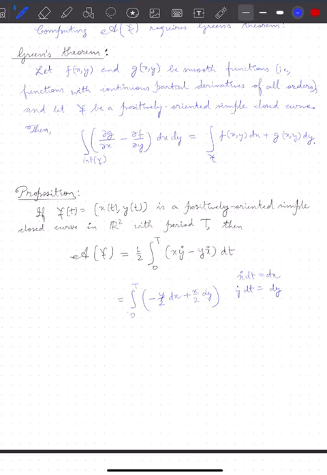So when we look at the expressions, f of xy is equal to minus y by 2, and likewise g of xy is equal to x by 2. And from there, that's how we have this formula here.